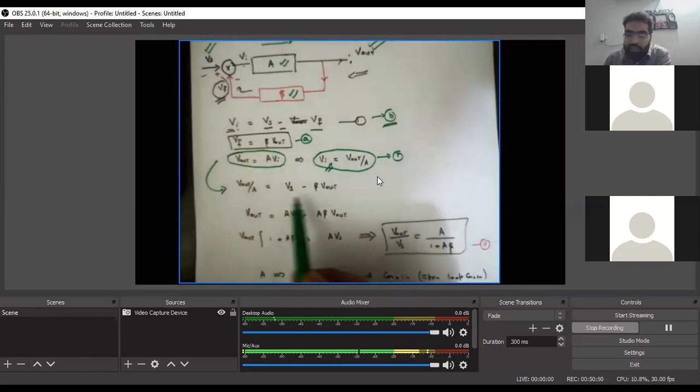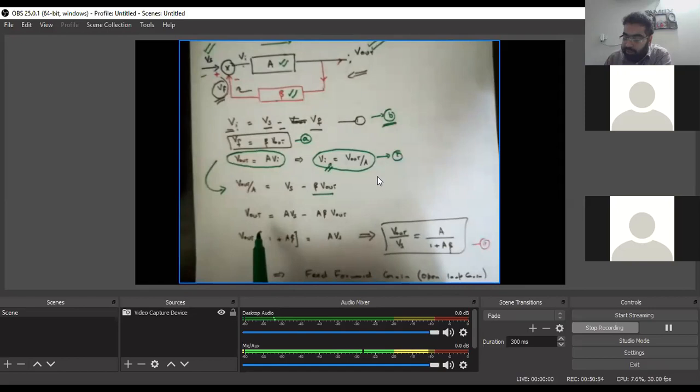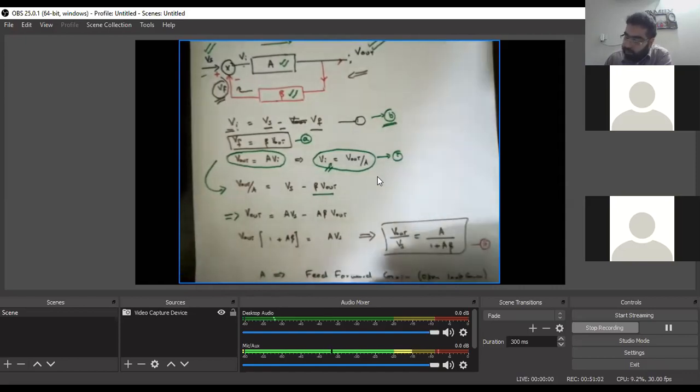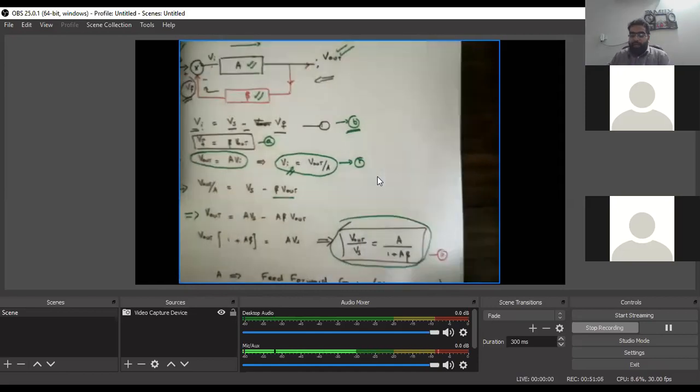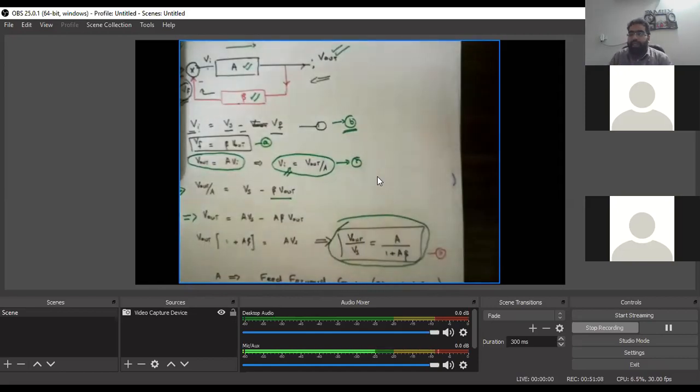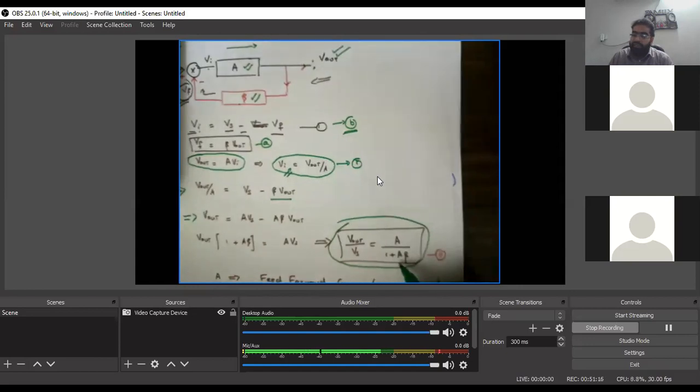And if we do a little bit of left hand side and right hand side manipulation, we are left with V out times (1 plus A times beta) equals A times Vs. So we have this expression: V out by Vs is equal to A divided by (1 plus A times beta), or we can say feed forward gain divided by 1 plus feed forward gain multiplied by feedback gain.